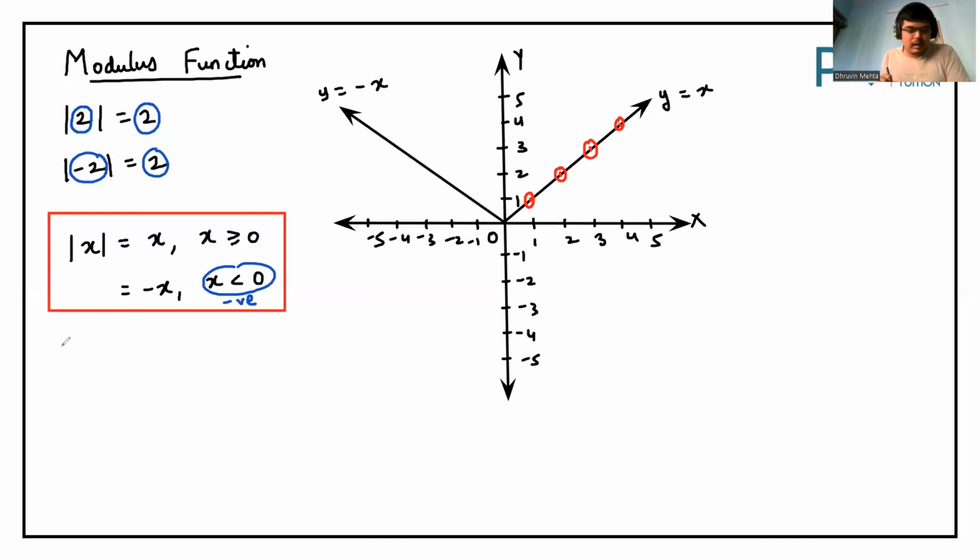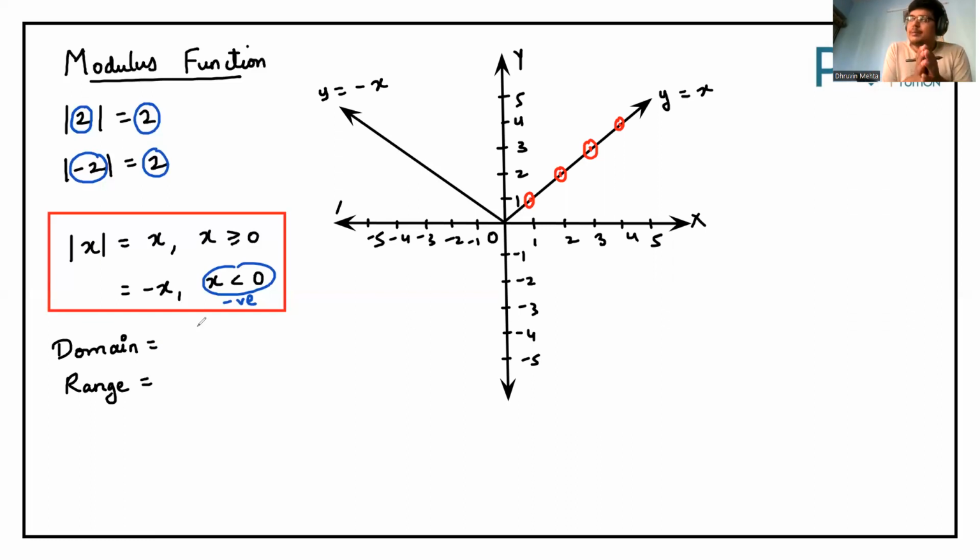Now also, let's note down the domain and range. Can you think and tell me what will be the domain over here, what will be the range over here for modulus function? Domain means all the values of x.